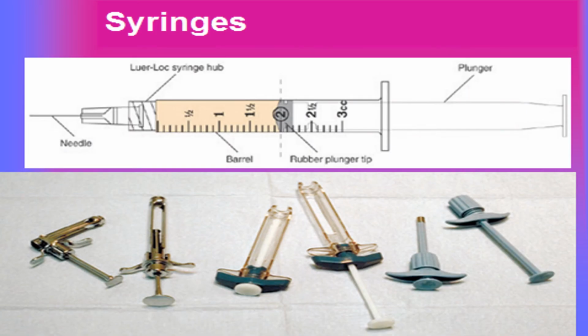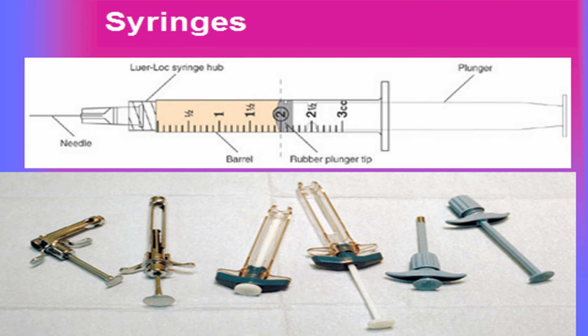So here's a picture of a syringe up at the top. You can see the needle, and if you're giving an IM injection, an intramuscular injection, you obviously have to use a real needle. That needle locks into the syringe, and you can see the plunger tip is how we measure how much medication we give.